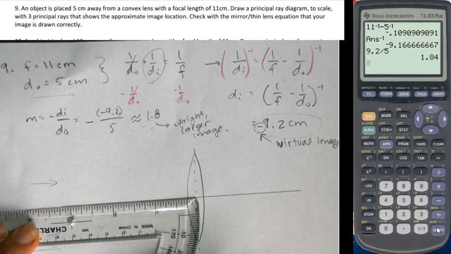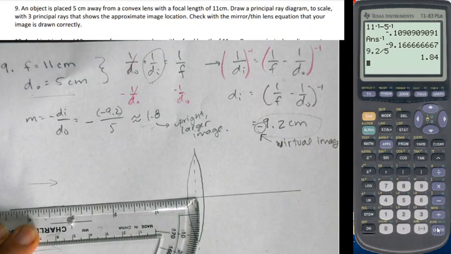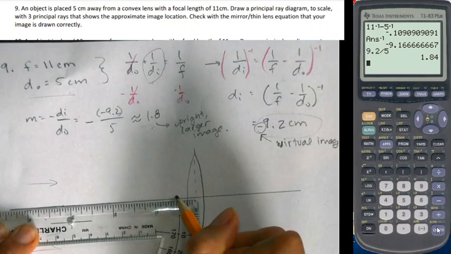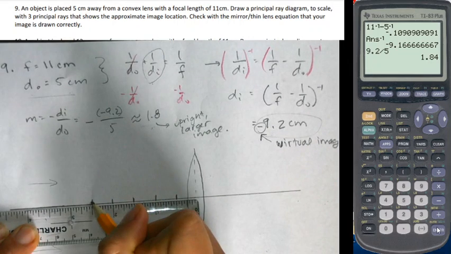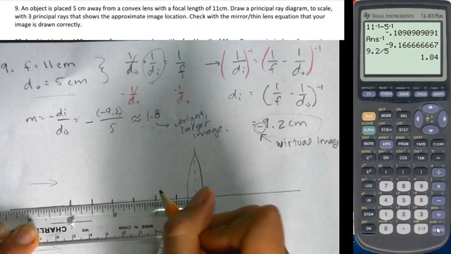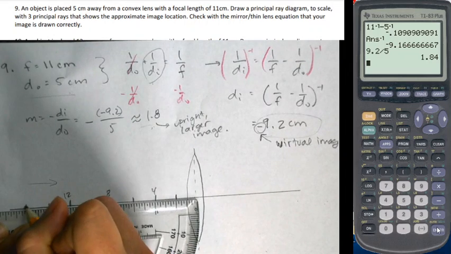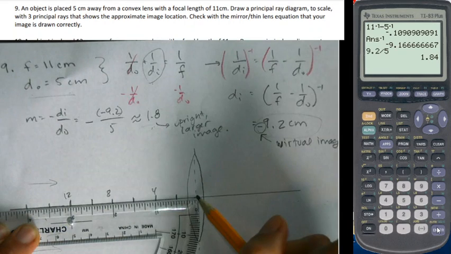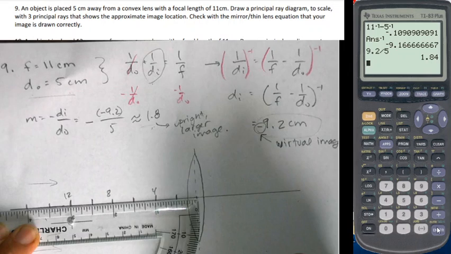It doesn't have centimeters in a way that's convenient for me to use. So I'm going to make every half inch be 2 centimeters. So there's 2 centimeters, 4 centimeters, 6, 8, 10, 12. And that's probably all that I need, but I'll keep going for a little while since I have that space. So again, I'm measuring from the center of the lens, not from this arbitrary location where I drew my edge of my lens.